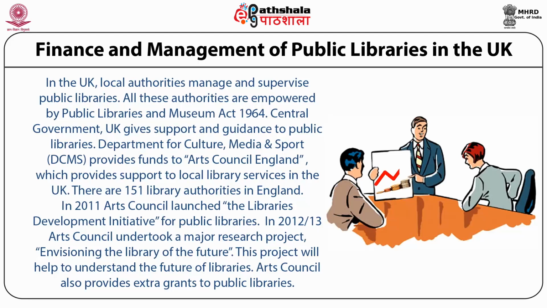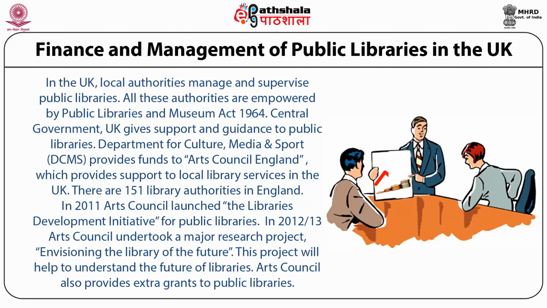There are 151 library authorities in England. In 2011, Arts Council launched the Libraries Development Initiative for public libraries. In 2012-13, Arts Council undertook a project envisioning the library of the future.